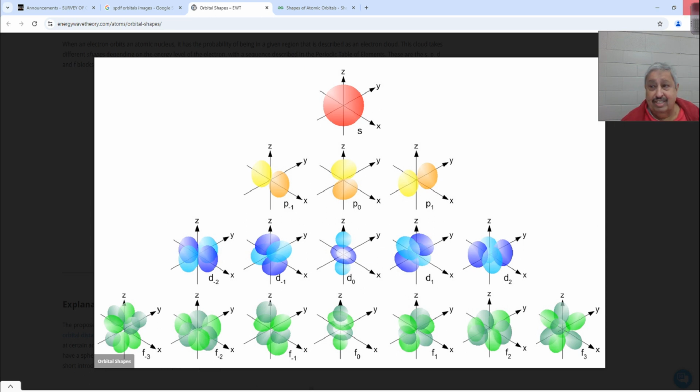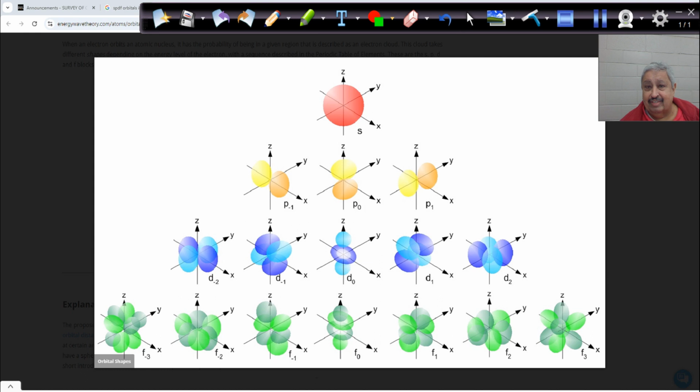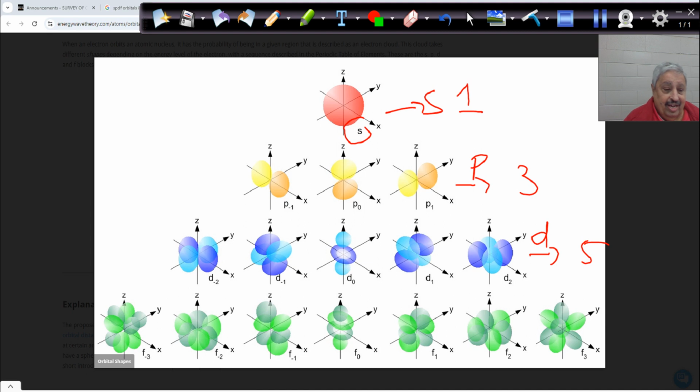So let's put this one here as a reference. This s orbital has only 1 orbital. This has 3 orbitals. This one has 5. This is the d, this is the p, this is the s, and the f has how many? 7 orbitals.